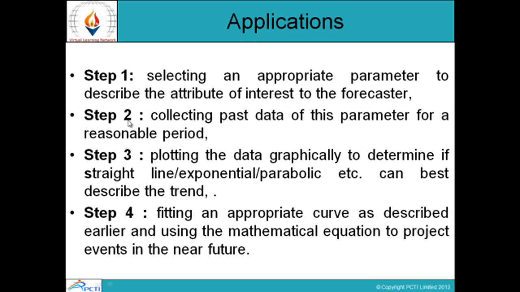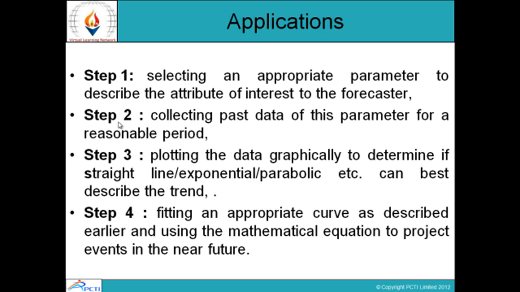Application of trend extrapolation has various stages to be fulfilled. First is selecting an appropriate parameter to describe the attribute of interest to the forecaster, that is, defining the attributes the forecaster is looking for. Second, collecting the past data for this parameter for a reasonable period.